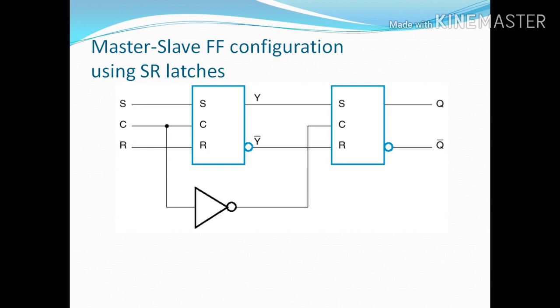So when the first one, the master, is active, that means the clock is enabled, the slave is clock disabled, and just the alternate. When the master is disabled, that means the clock pulse is 0. By the NOT gate it is coming to the slave, so it will be in active mode. So it gives us a working state.